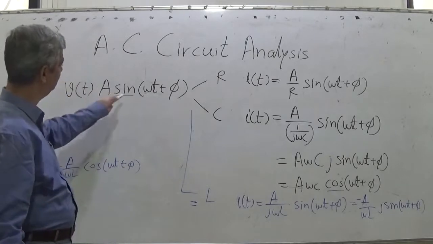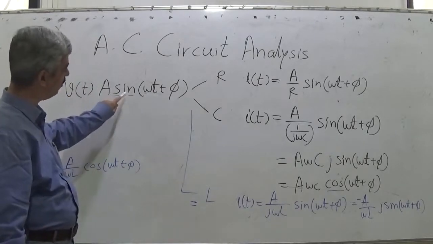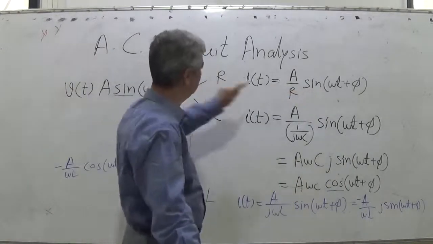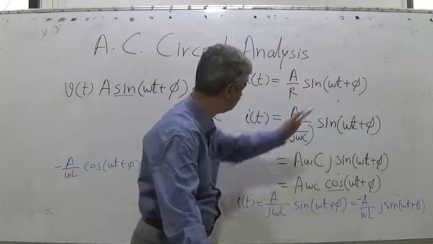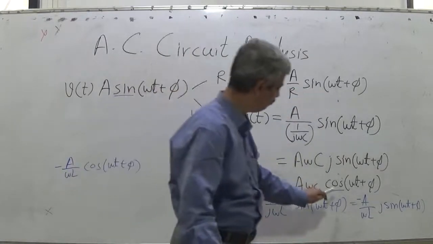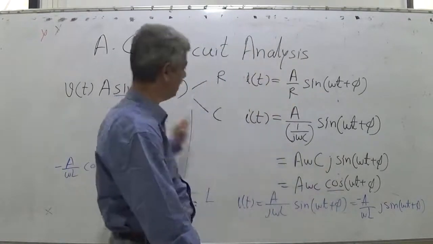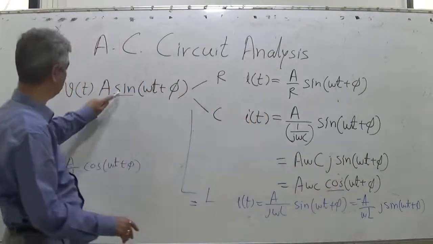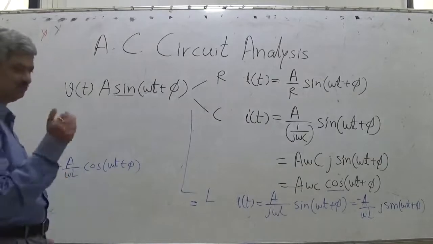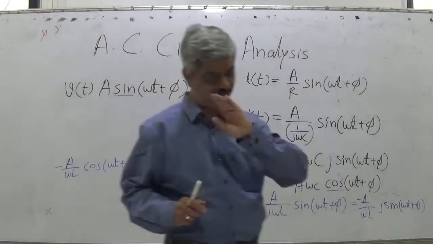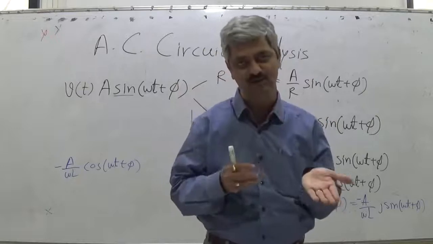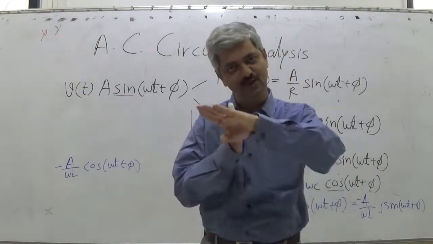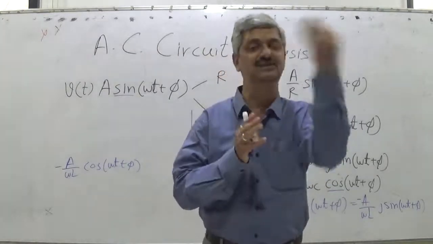So if voltage is sinusoidal, current is sinusoid of same phase for resistor. For capacitor, voltage sine, current cosine. For inductor, voltage sine, current minus cosine. So for resistor in phase, for capacitor 90 degrees phase on one side, for inductor 90 degrees phase on the other side.